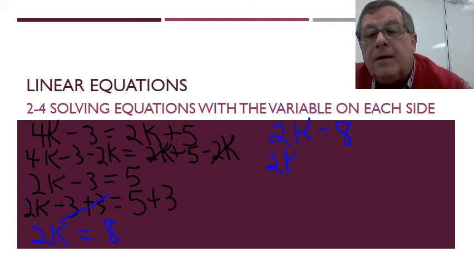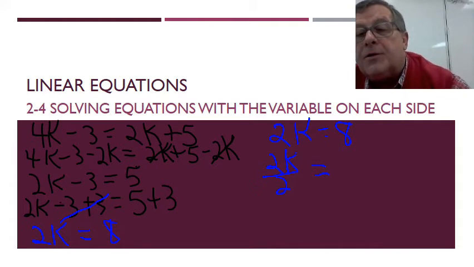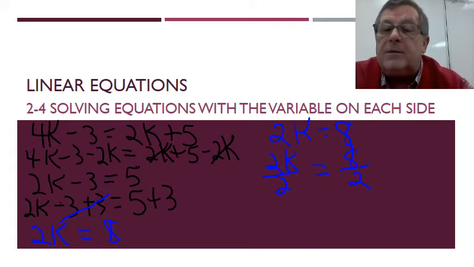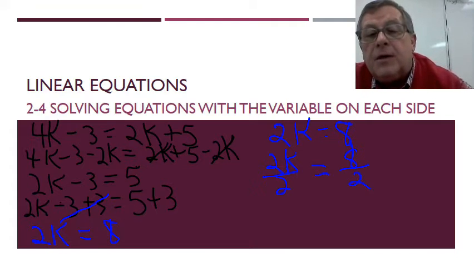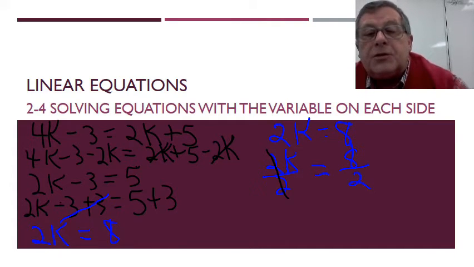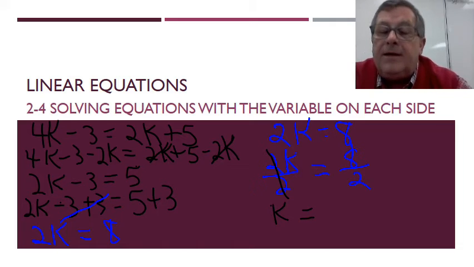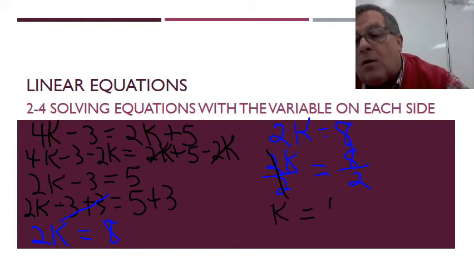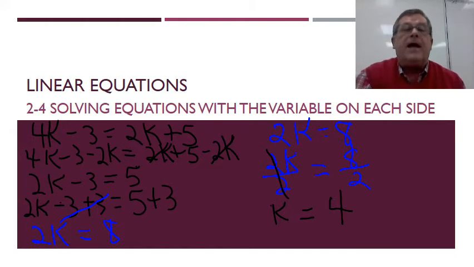So I got 2k over 2, that's the same as saying 2k divided by 2, and I've got 8 over 2, that's the same as saying 8 divided by 2. Well, over here, my 2's are going to cancel. I'm just left with k. And 8 divided by 2 is 4. Therefore, k equals 4.